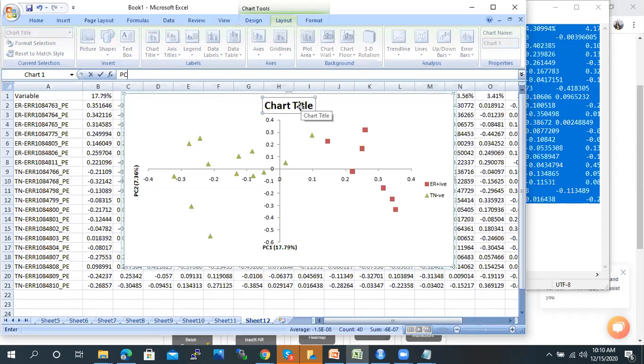Scatter plot based on PCA components for PDX data. PDX gene expression data.